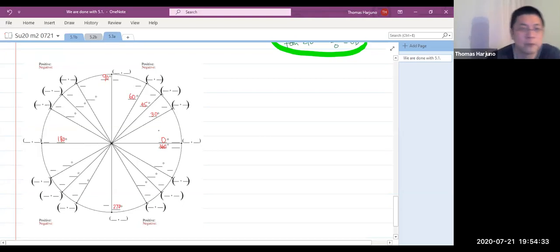How about the radians? 0 degrees is 0 radians. 180 degrees is pi radians. 90 degrees is pi over 2. 45 degrees is pi over 4. 30 degrees is pi over 6. 60 degrees is pi over 3. This guy here will be 3 pi over 2, and of course, this is 2 pi radians.